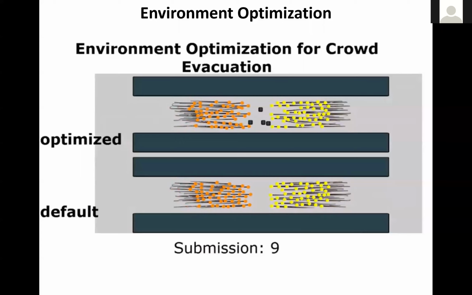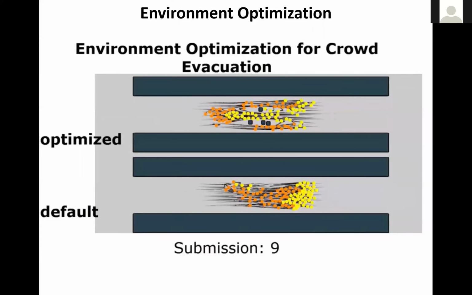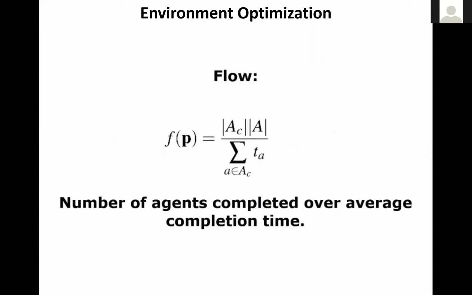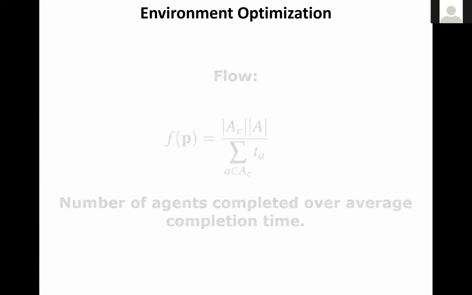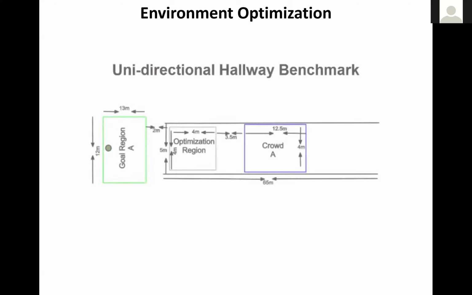The dual of that problem is, instead of searching through the space of crowd movement, we can search through the space of environment configuration. I'll just tease this today, and I'll talk about this in much more depth in a later presentation. The idea here is, again, very simple. Can we automatically reconfigure an environment to optimize certain criteria that we can extract from crowd movement?